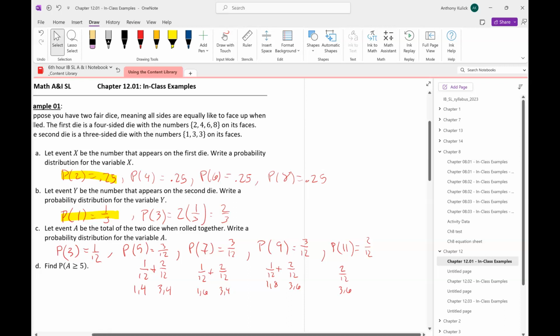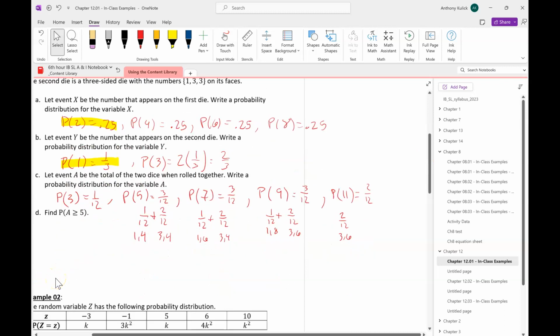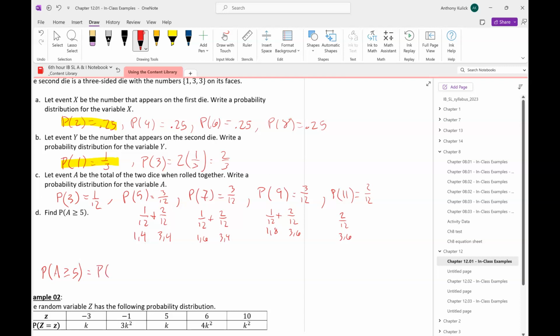Elise, you're next. So the probability that A is greater than or equal to 5 would be the probability of 5, sorry, plus 7, plus 9, plus 11, right?